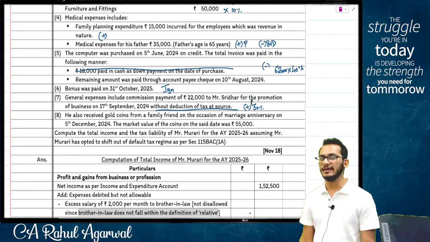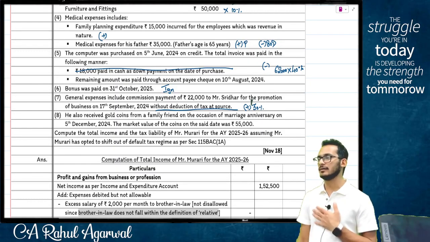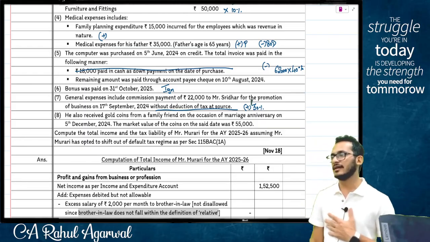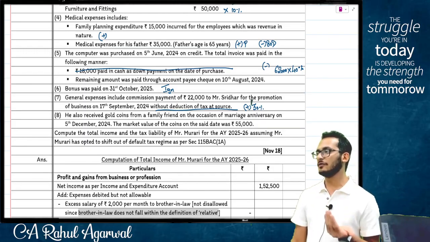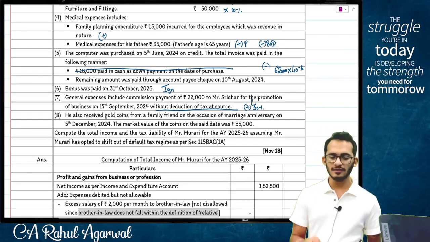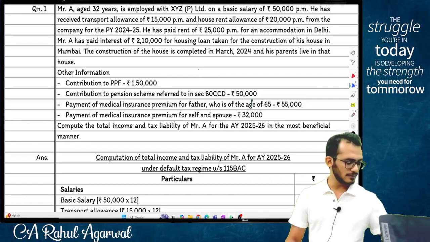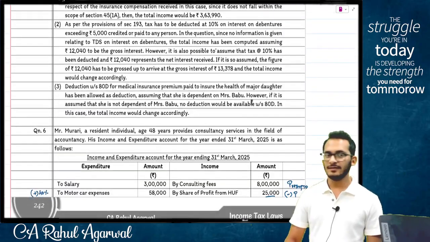But now that you have done TDS along with me, people, there is one thing you need to keep in mind. I told you that when it comes to 194H, you will only do TDS when your last year's turnover is more than 1 crore for business and 50 lakhs for profession. Notice this person's current year turnover itself is 8 lakhs, which means last year also it was definitely less than 1 crore.